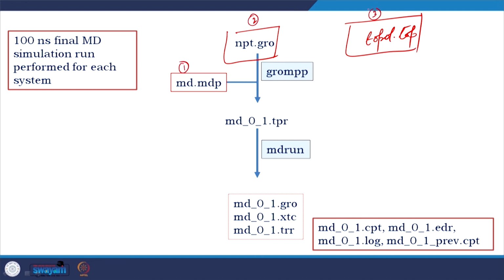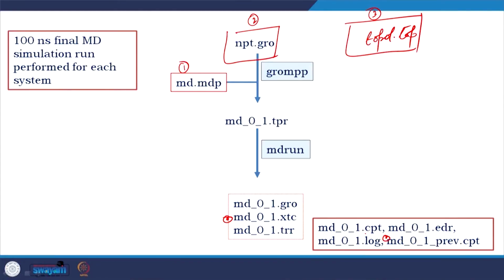These three with GROMPP make md_0_1.tpr, and when we do mdrun, we get a .gro file, .trr file, .cpt file, .edr file, .log file. In addition, we get .xtc and prev.cpt. This prev.cpt file is generated to take a backup, because this is a 100 nanosecond run.